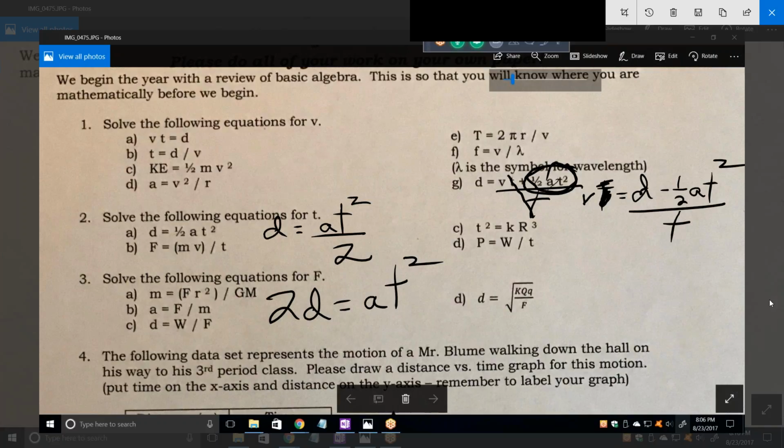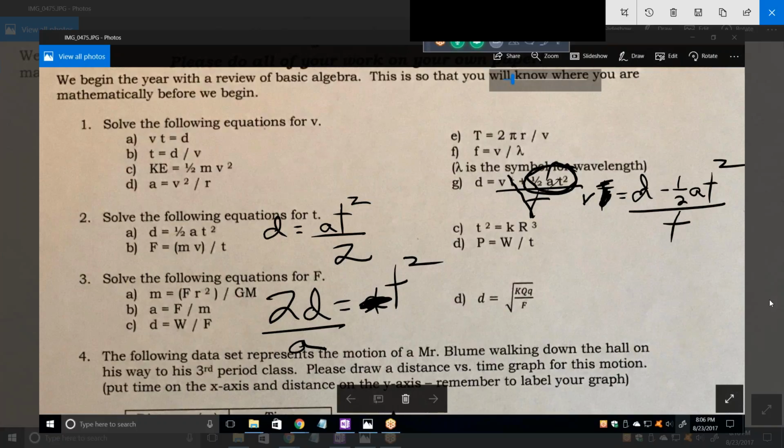Now what? Since it's being squared, we can square root both sides. Not yet. That final step is reserved for when you get it down to T squared. I got A times T squared, so I've got to get rid of the A first. Divide by A. The steps are very important.